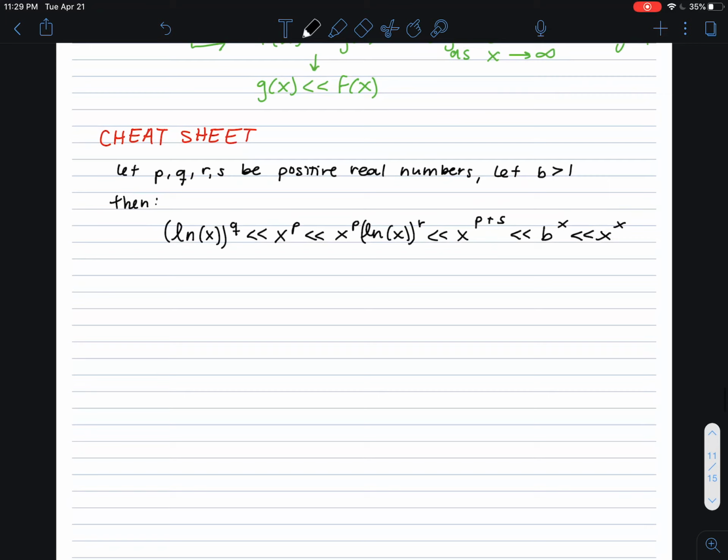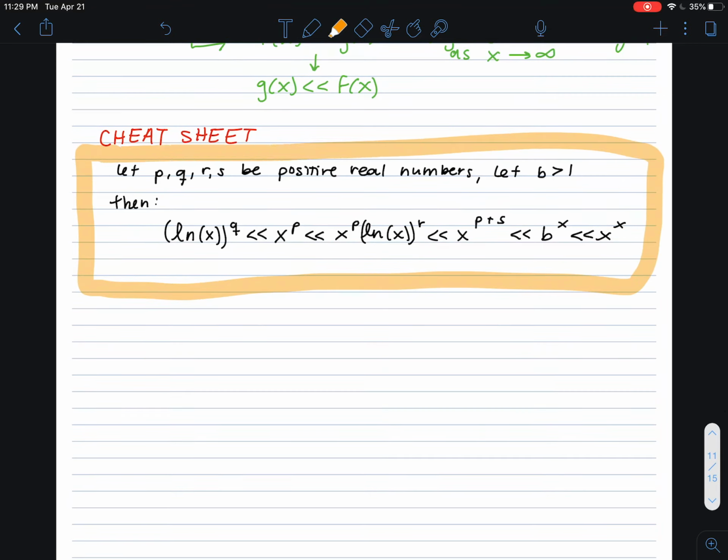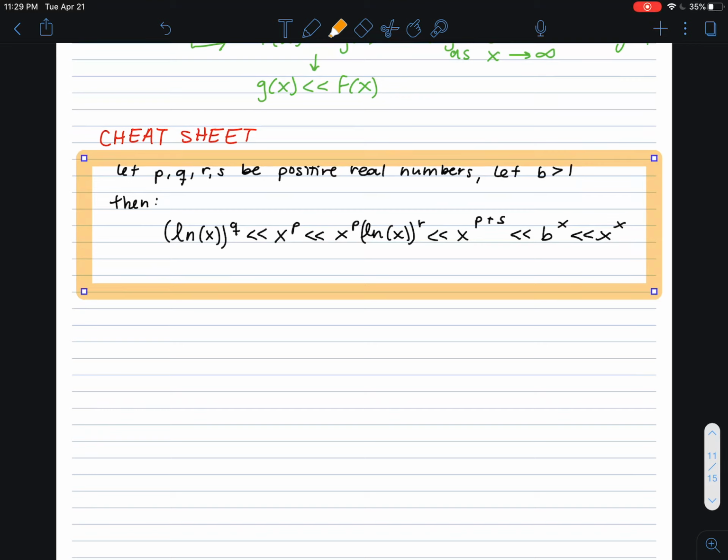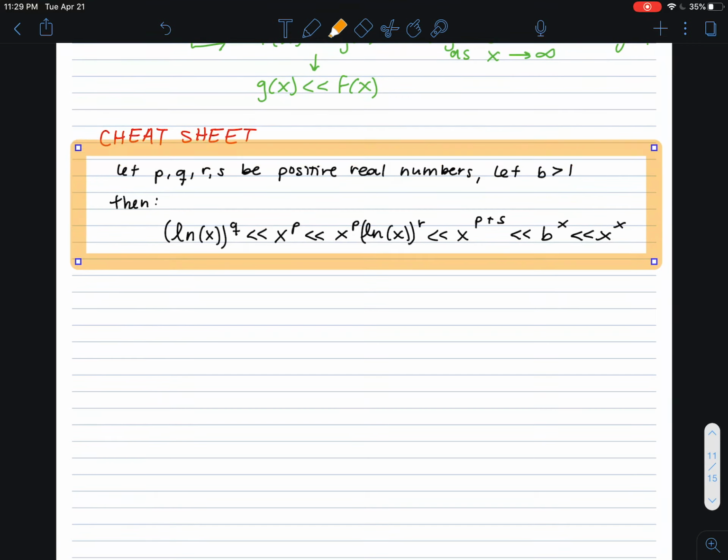Okay, so we're going to do a quick example of this. I don't personally think this is super useful because not everyone has these memorized, and at that point you could just use a calculator. So just a quick example.